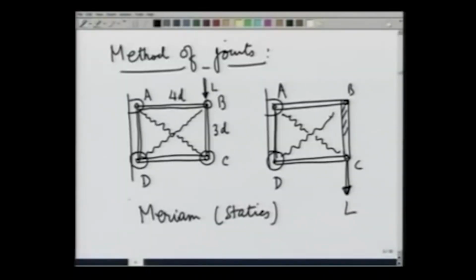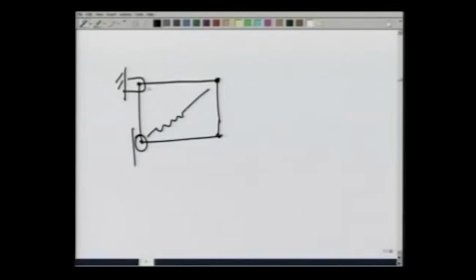So, let us first take this particular case where I will just make it in a very simple manner, these points. This is on a roller, this is on a fixed pin, this is a rope, this is a rope, this is the load. This is 4D, this is 3D.